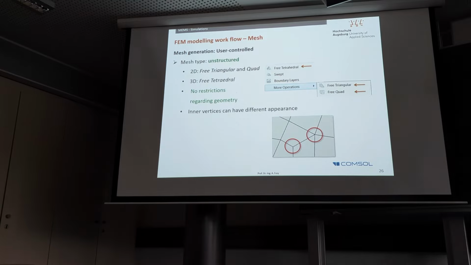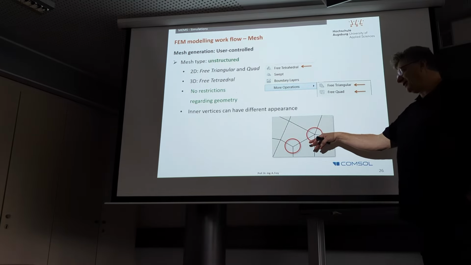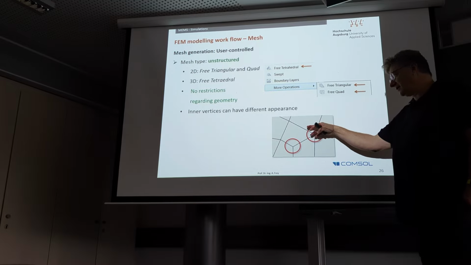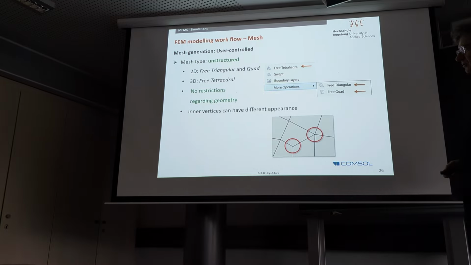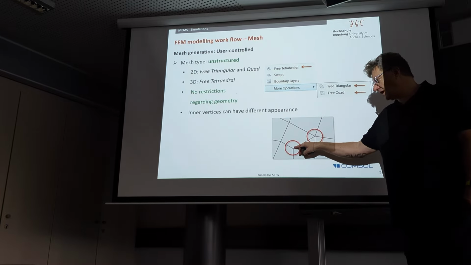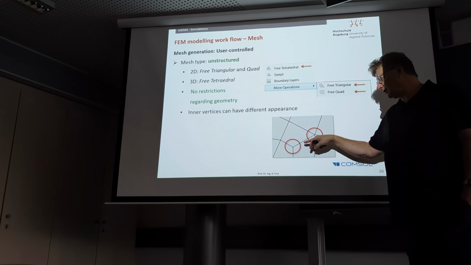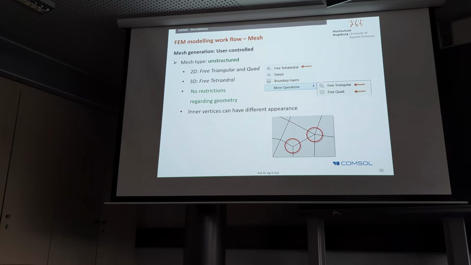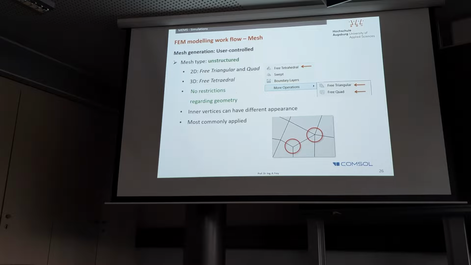And if you try to analyze it, if you have a part of the mesh, you could recognize the unstructured property, for example, that the vertices can have different appearances. Here we have a knot with 4 lines, here more than 3 lines, here 5 lines. But that is typical for unstructured meshes.